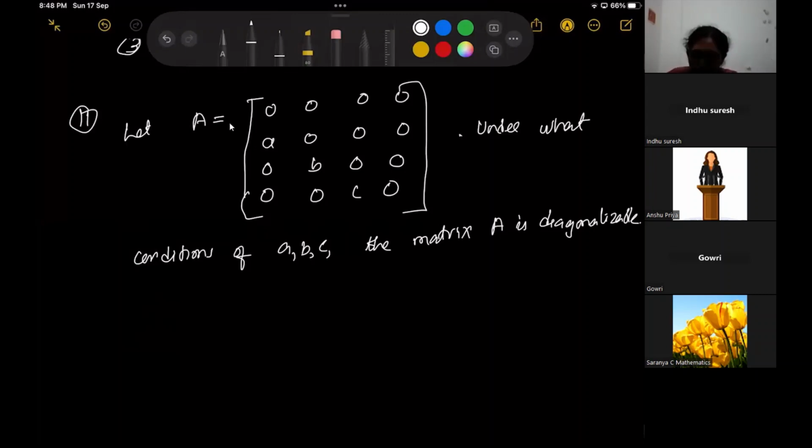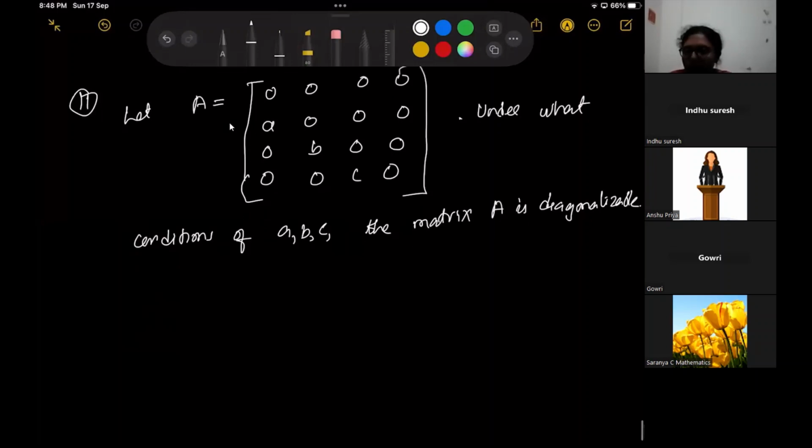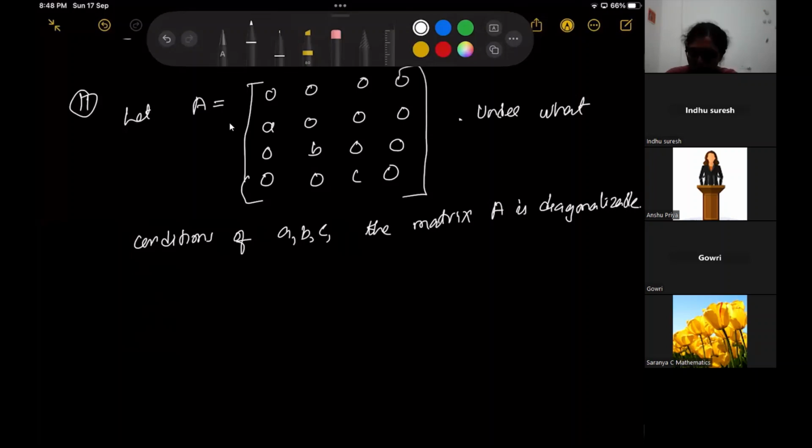So first of all, we will start with the characteristic equation, the eigenvalues and eigenvectors. So the determinant of A minus xI. We can write it very easily because almost everywhere it is 0. Only along the diagonal we need to write minus x, and this a, b, c will remain like that.